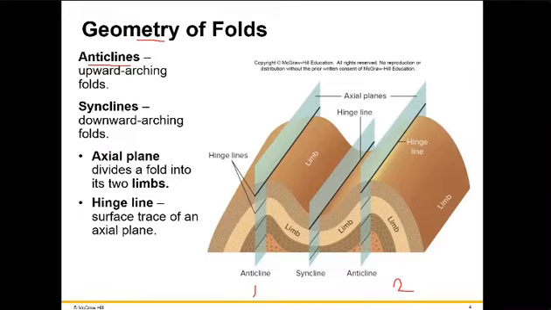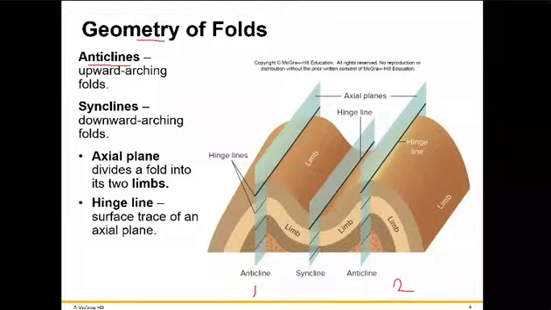Okay, and you can see the limbs dipping away from the crest. So when we say limb, it means one half of the fold, one half. And you can see that they are clearly dipping away from the crest. Okay, so it's an upward arching fold.